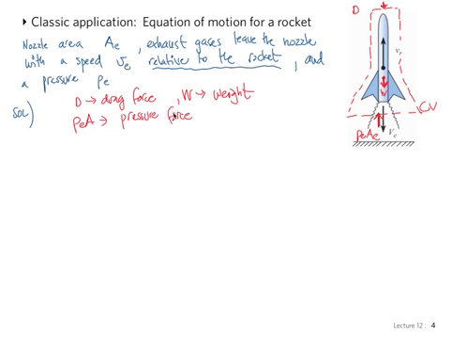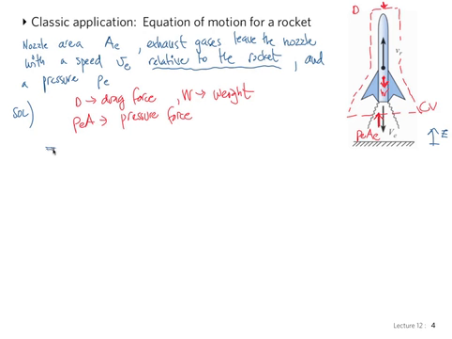And we're going to consider a possible pressure force for an overpressured jet. So suppose that our coordinate is z, positive pointing upwards. We have our control volume, and the control volume is moving with the rocket.